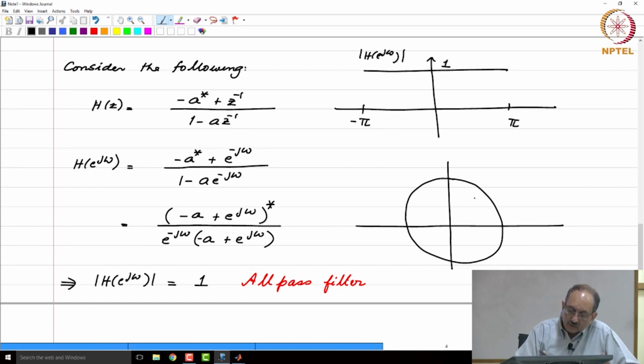Therefore, if the pole is at a here, then the 0 must be exactly at its reflected position. Therefore, if you have r e to the j theta being the location of the pole, then 1 over r e to the j theta must be the location of the 0. Therefore, if you had an all pass system, for every pole there must be a 0 at the reflected position.